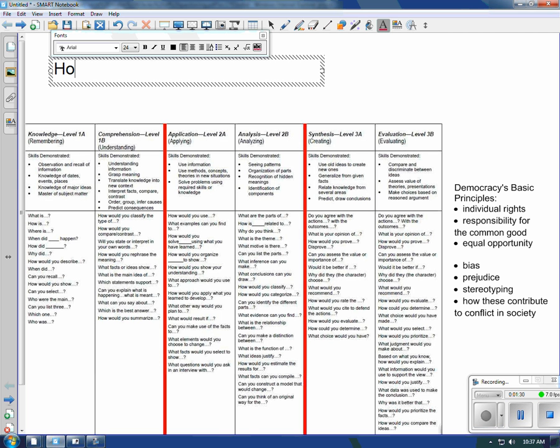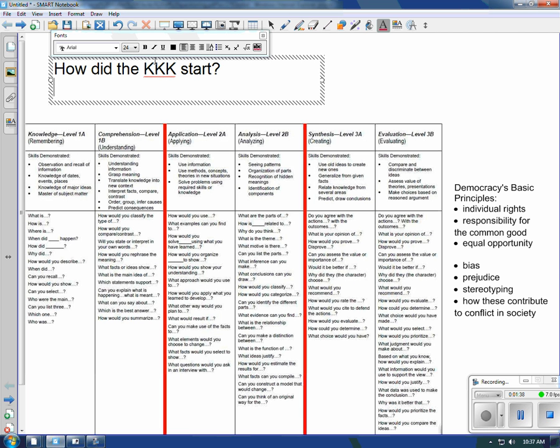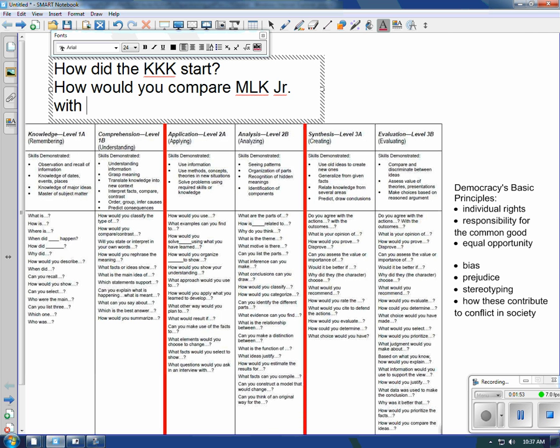One was, how did the KKK start? Another question I asked myself was, how would you compare Martin Luther King Jr. with Malcolm X?